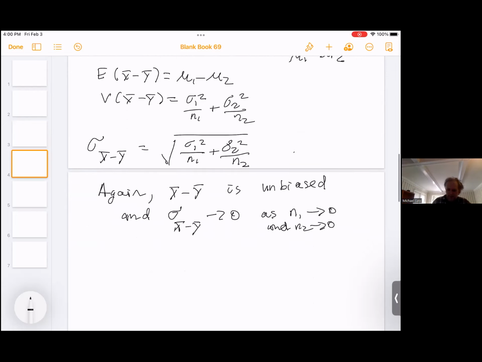All right. And then 4 is just a special case of 3, and similar to 2, we're just going to do the Bernoulli case.